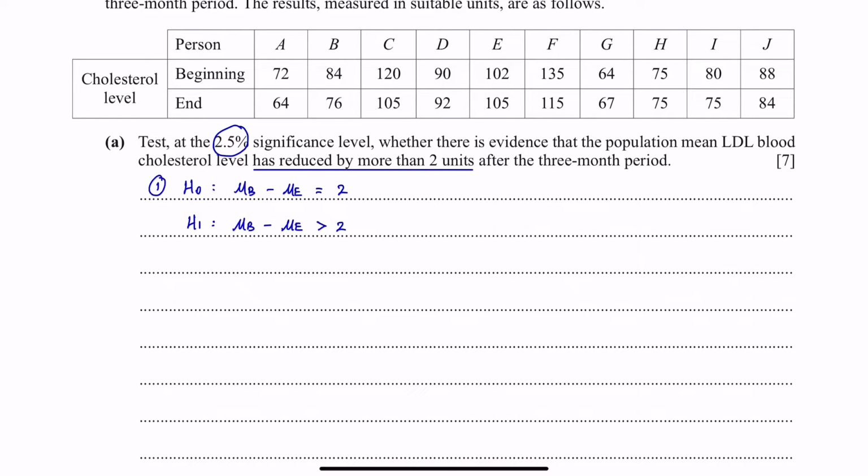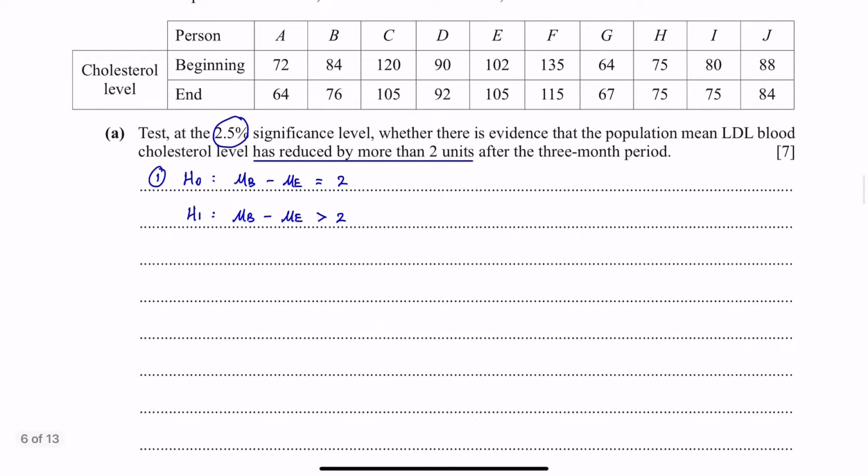Alright, so for part 2, we need to find the critical value. And this would be a one-tail graph, something like this, right?